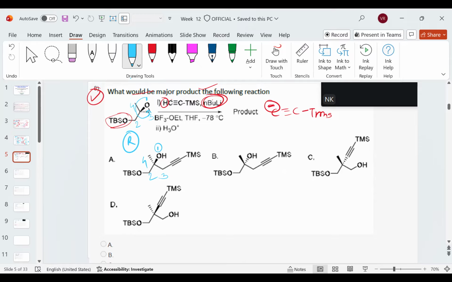So this will be one, two, three, S. But here it will be one, two, and three. What are the other options that we have here?